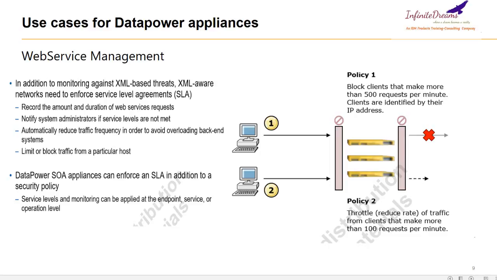Like in 1 minute not more than 500 requests should come. If more than 500 requests come in 1 minute, then automatically after 500 all the requests will be rejected, so that the server will not be overburdened. If we want to implement such a type of SLA policy, we can do it with Data Power, as we can see in this diagram also.